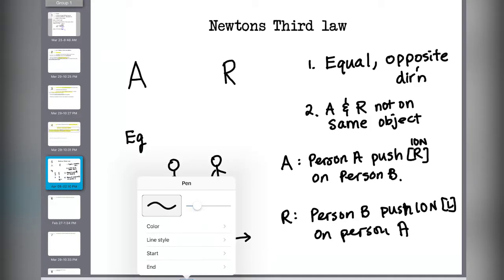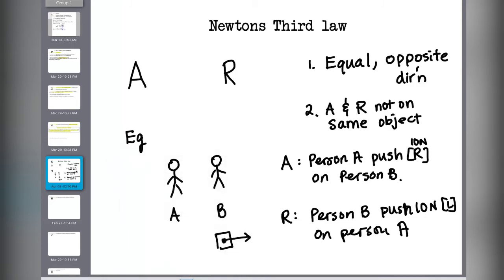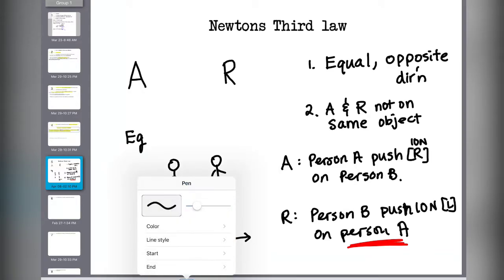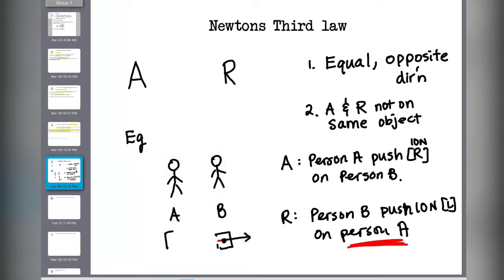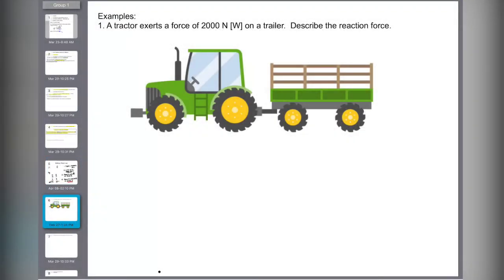So I would not draw a 10 newton force acting on person B, because it's not acting on person B, it's acting on person A. I would draw it on person A, with 10 newtons going to the left. That's a key concept: it's not acting on the same body. Even though the action-reaction forces are the same magnitude and opposite in direction, they are on two different objects.